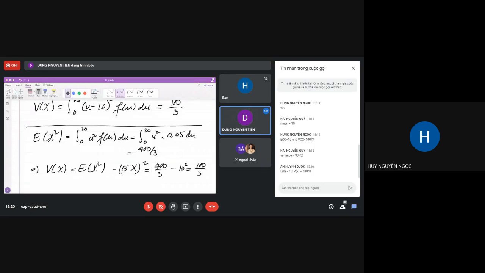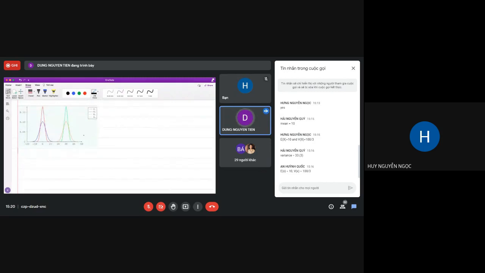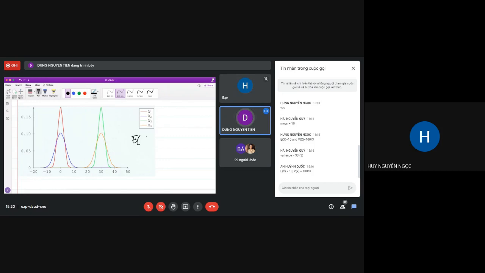Okay. Now let's have a look at the next example. In this example, we can find the variance and the mean value. We don't have a formula, we only have the graph. Can you tell me which one gives you the greatest sum of the mean and the standard deviation of x?